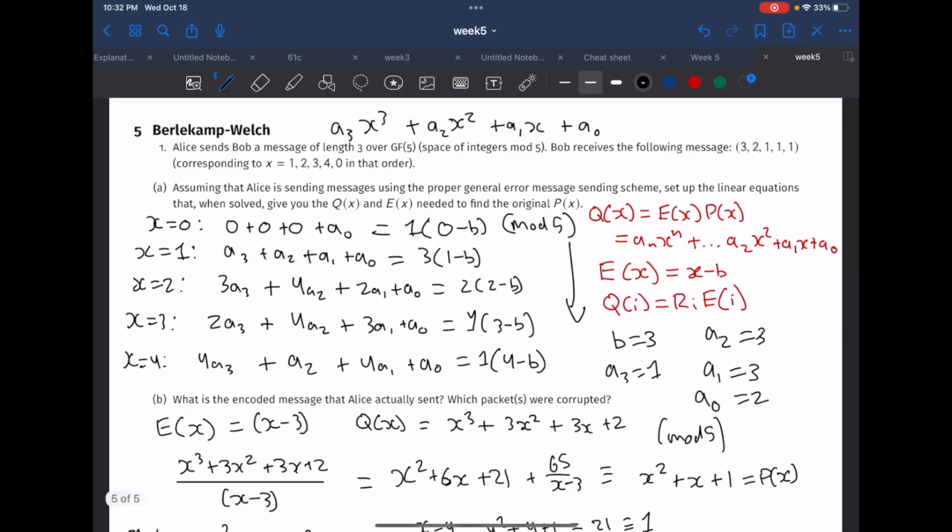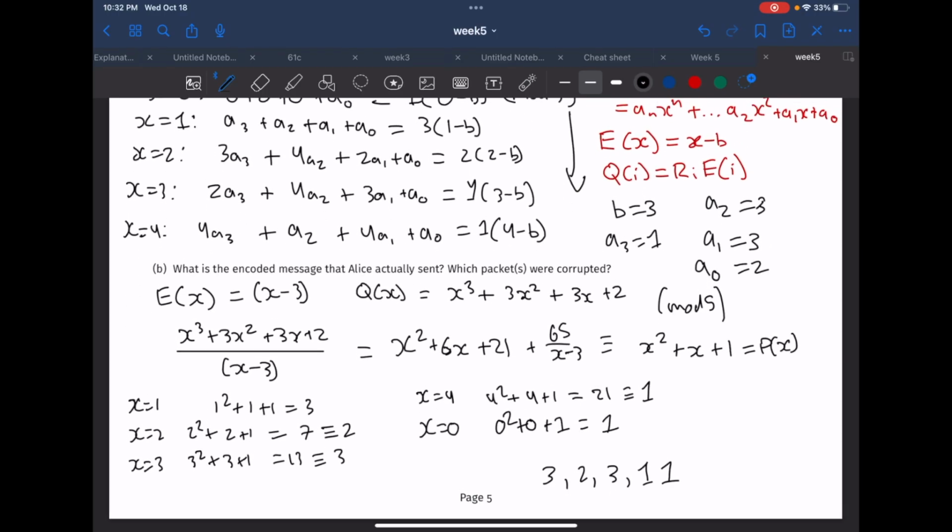And if we compare that to the received message, we have 3, 2, 1, 1, 1, which I'll write in red. We can see that here it doesn't match up. It doesn't match the initial message.